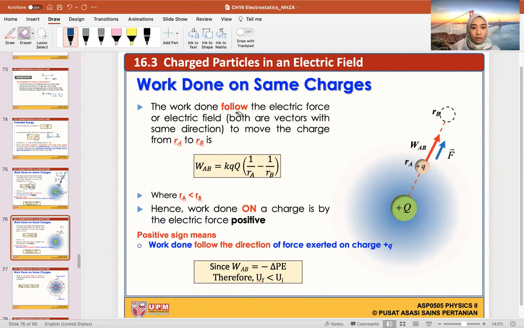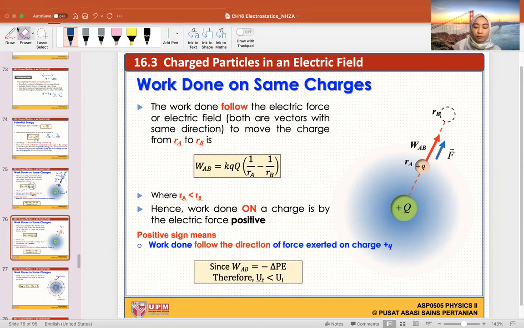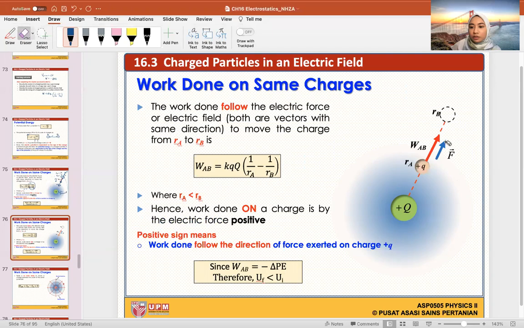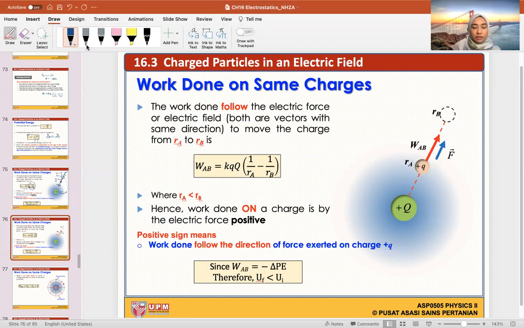Another one. The work done to follow the electric force or electric field to move charge from RA to RB. Just by guessing, if force and displacement are in the same direction, then work done must be positive. If they are in opposite directions, then it's a negative work done.